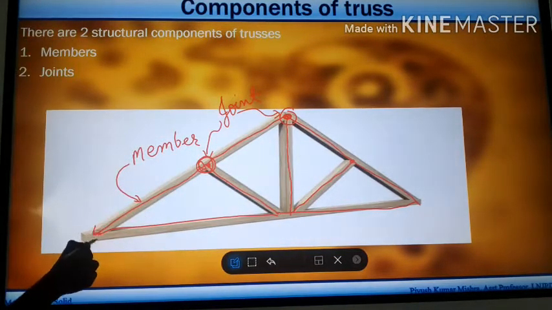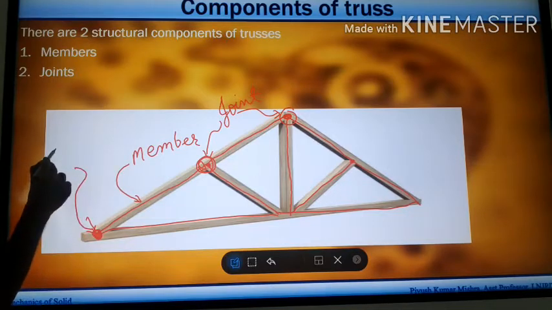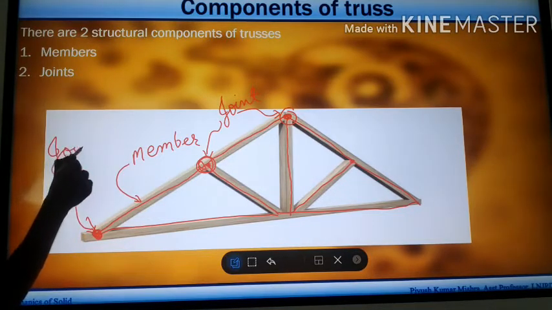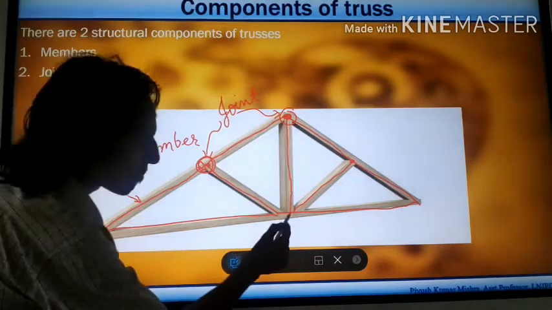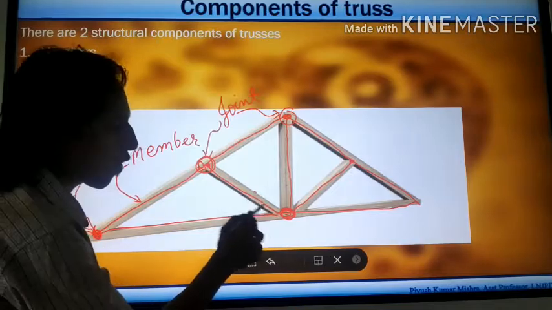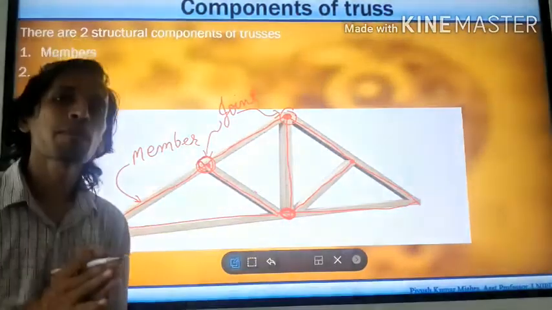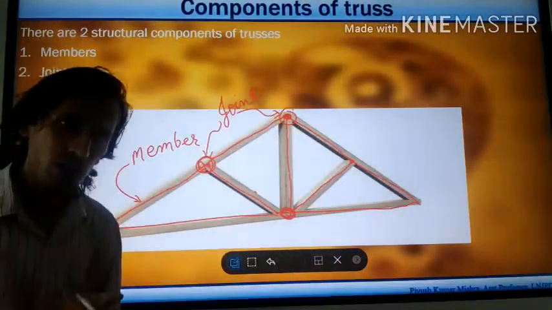Here two members are connected at this point. This point is called a joint. Similarly, at this point, these 1, 2, 3, 4, 5 members are connected, and this particular point is called your joint.